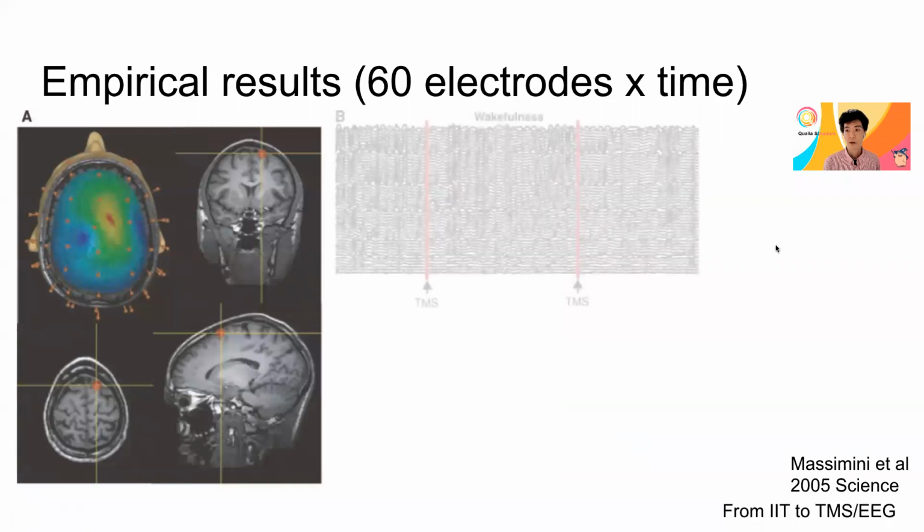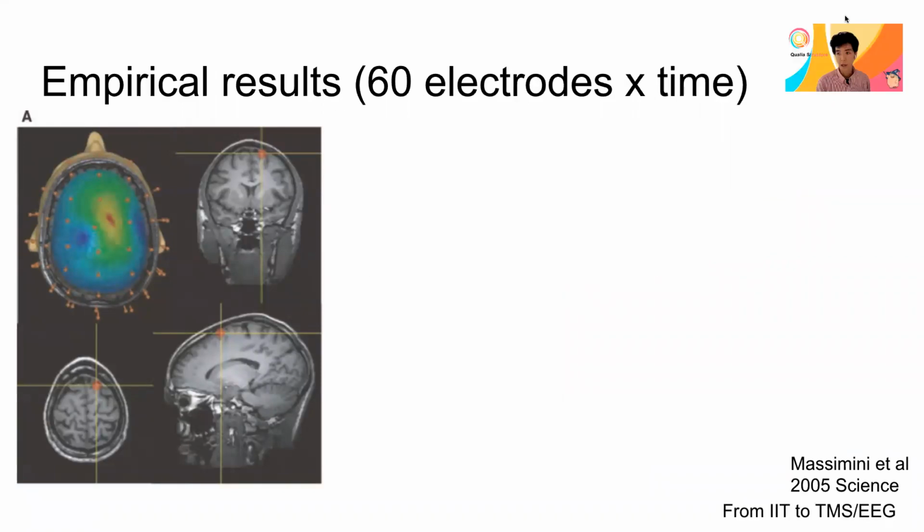All right, so the first of Marcello's studies used this system, and located the TMS at the front of the brain, as depicted here. There were 60 electrodes, and over time, they measured the response.